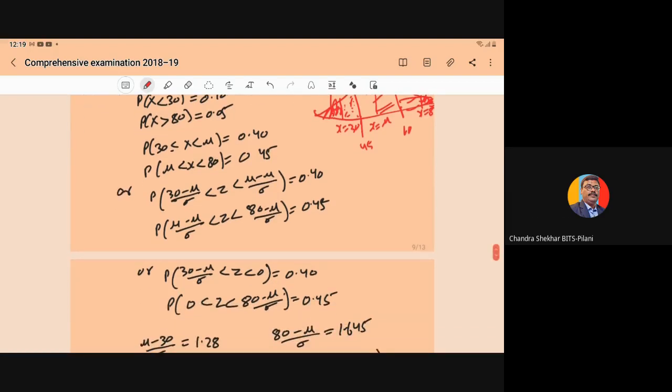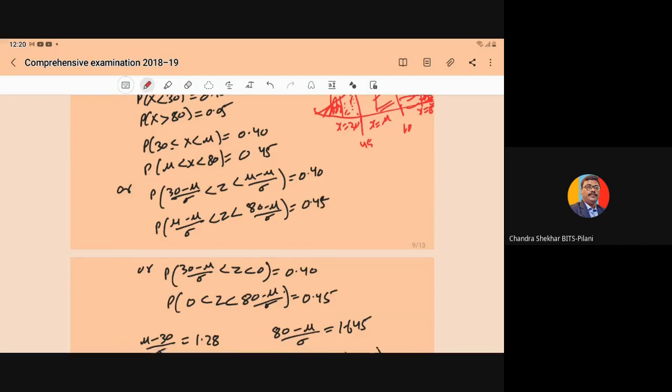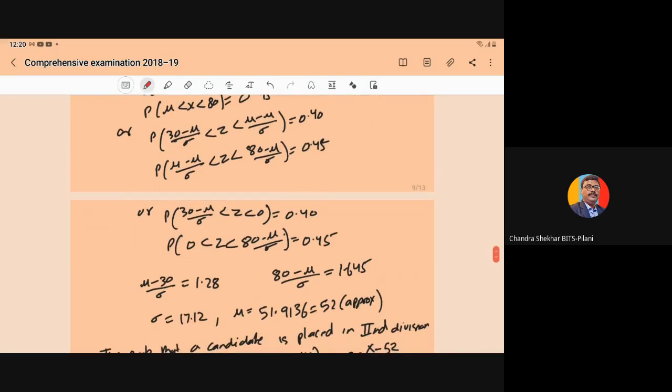So we convert the given x into the standard normal distribution by subtracting mu and dividing by the standard deviation. So here it will become probability of (30 minus mu) upon sigma less than z less than (mu minus mu) upon sigma is equal to 0.40, and (mu minus mu) upon sigma less than z less than (80 minus mu) upon sigma is equal to 0.45.